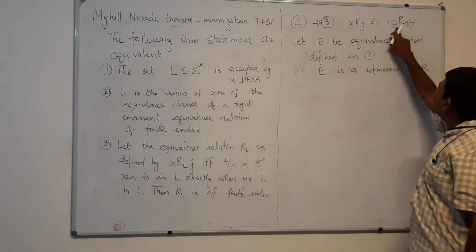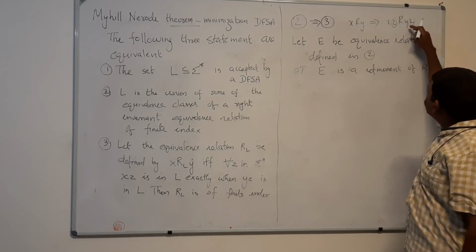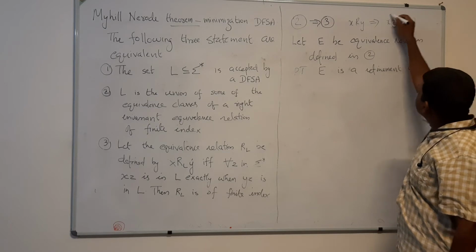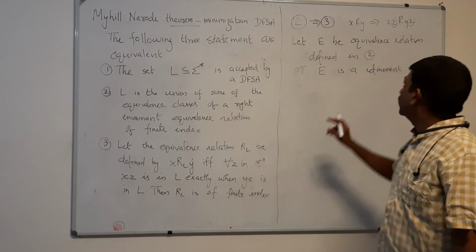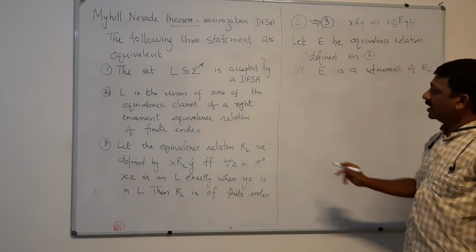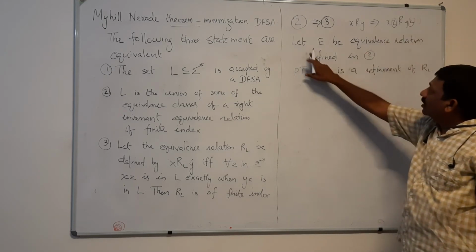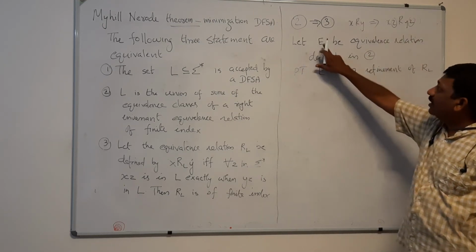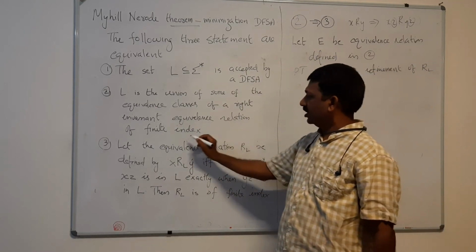If you add Z to the right of X and add Z to Y, then both return the same result. That is right invariant. Now this relation in 2 is represented by E.